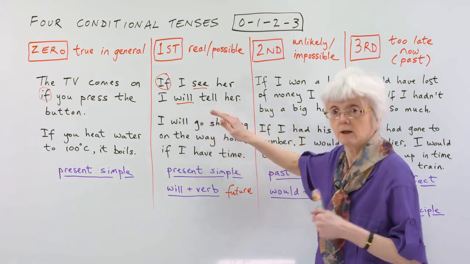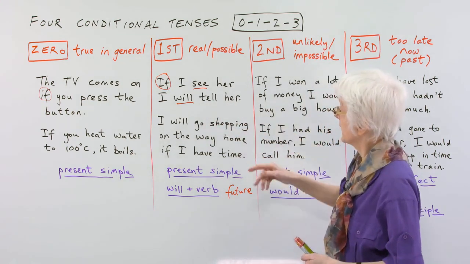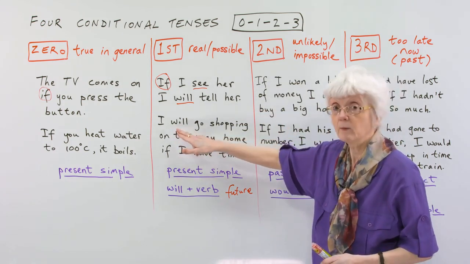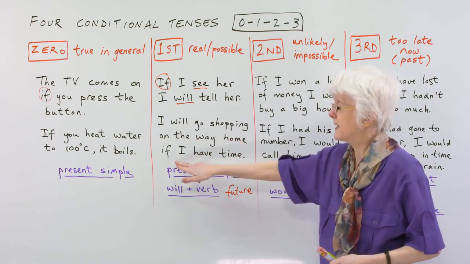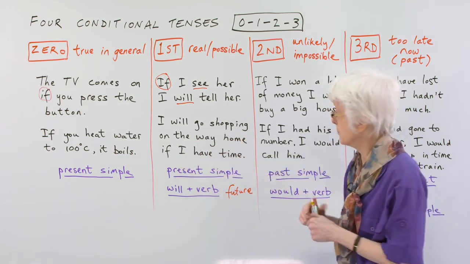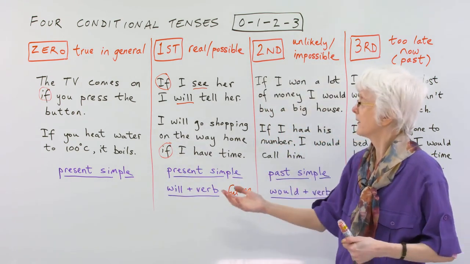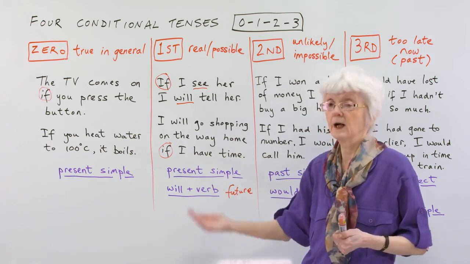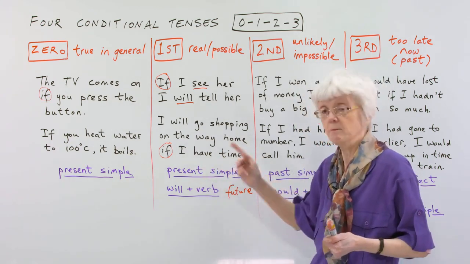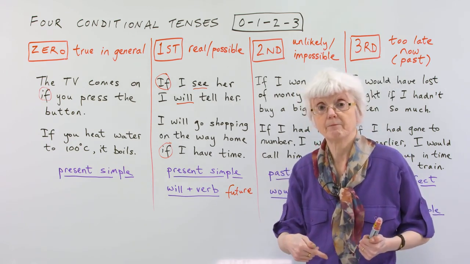I will tell her if I see her. You can say it that way round. Okay, and then another one. I will go shopping on the way home if I have time. Okay, so maybe you're going out to work and then you're coming home from work, and if I have time on the way home from work, I will go shopping.